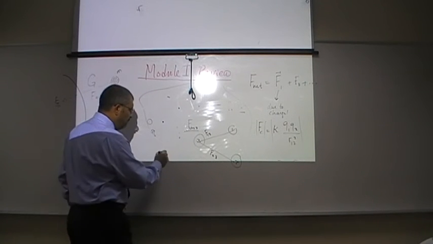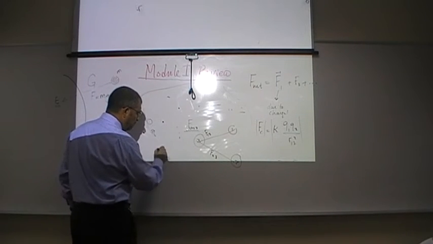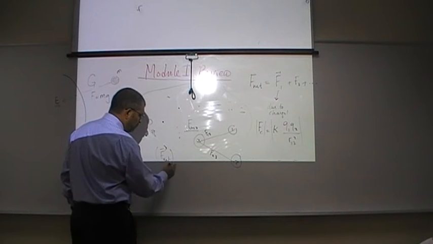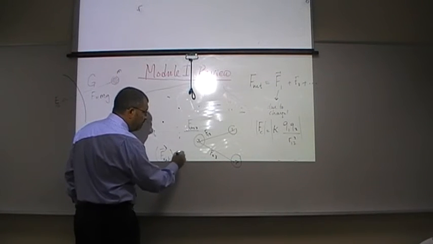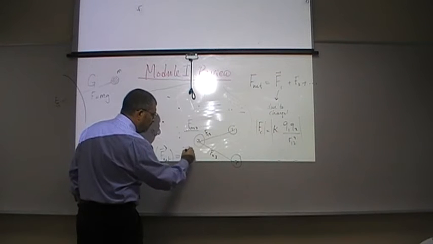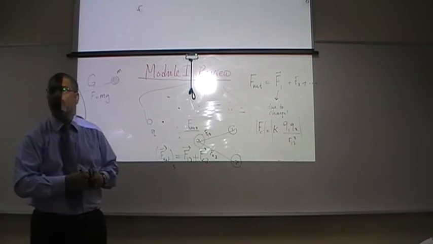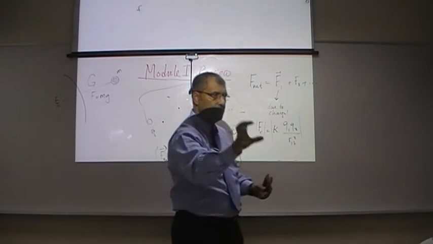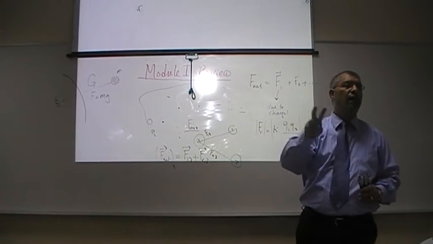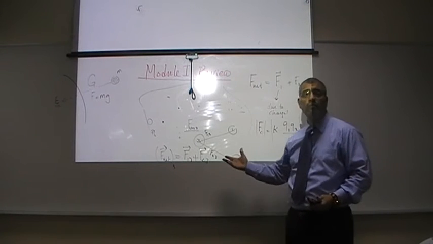So as vectors, F net on 3 will be equal to F13 plus F23. Okay? That's called the superposition. So you take these in pairs and you add them up. That's the way Coulomb's law works.